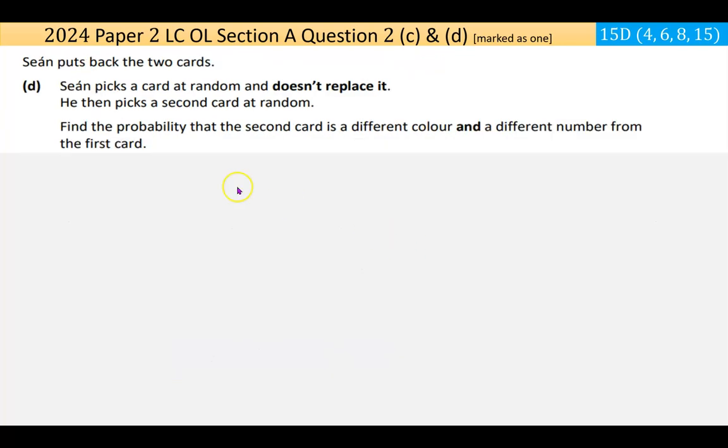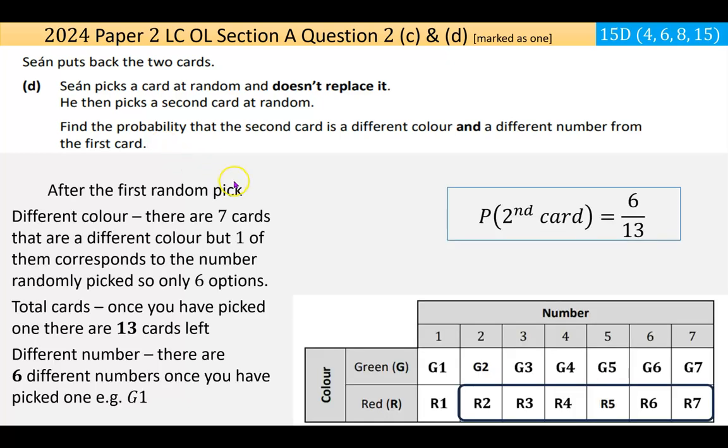Now part D is tricky enough. Sean puts the 2 cards back. Then Sean picks a card at random and doesn't replace it. So similar. He then picks a second card at random and says, find the probability that the second card is a different color and a different number from the first card. Now, looking at the list of data here will really help. So I went, imagine if we picked G1 as our first card.